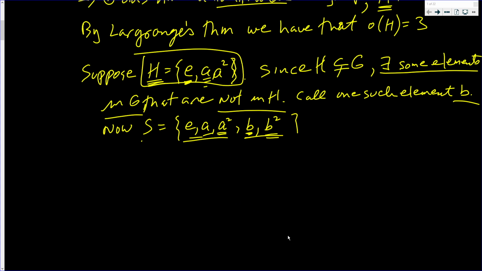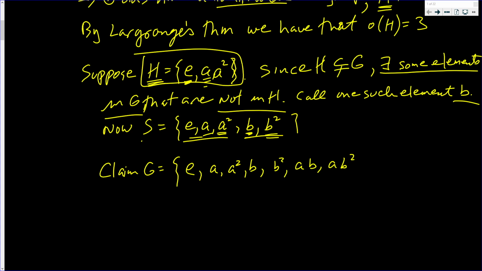Now, I claim that G is the set that has E, A, A squared, B, B squared, AB, AB squared, A squared B, and A squared B squared, because I have to be able to multiply A and B. Of course, A could have been one of the elements in set S, but I'm going to show that's not true.